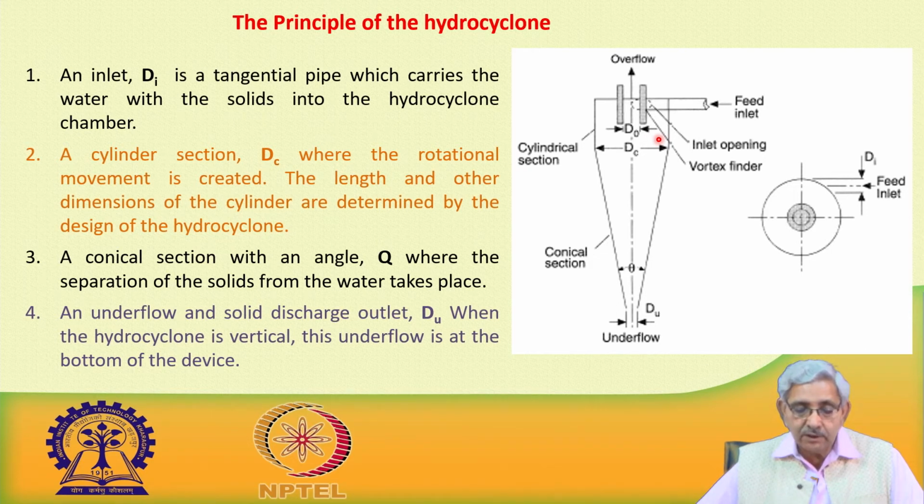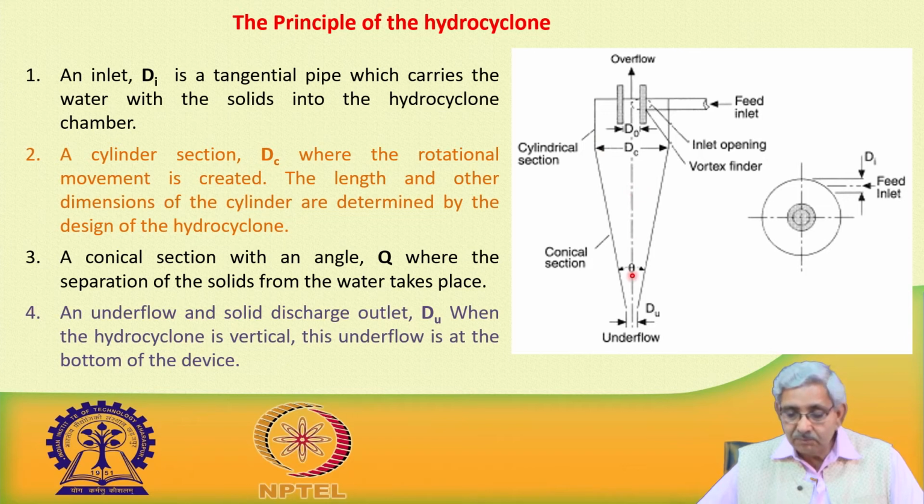The length and other dimensions of the cylinder are determined by how much force one has to create. So, this particular dimension, what should be the length, will depend upon how much force we need to create.